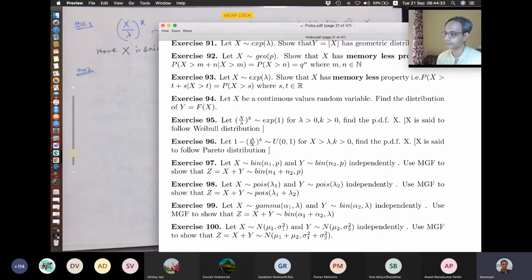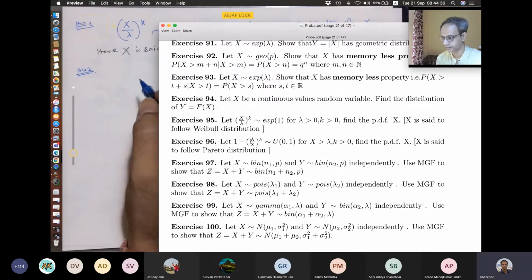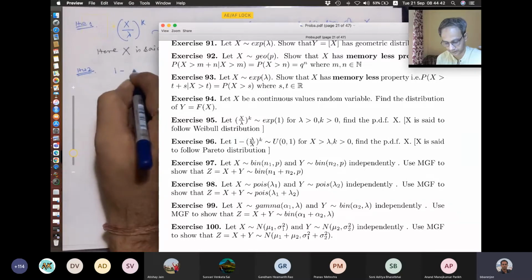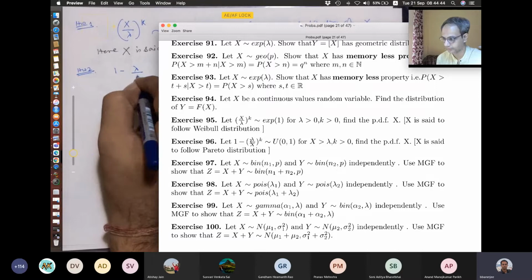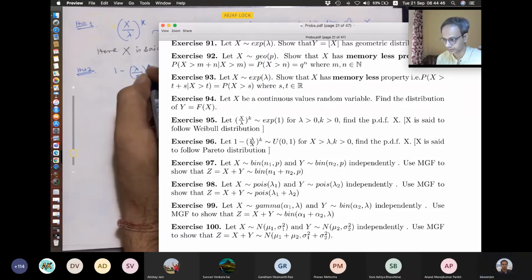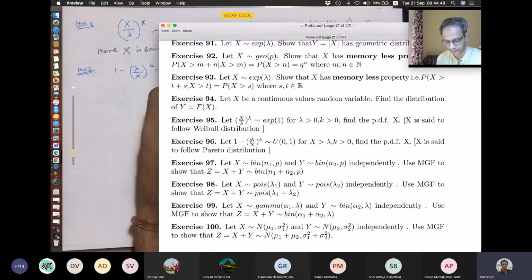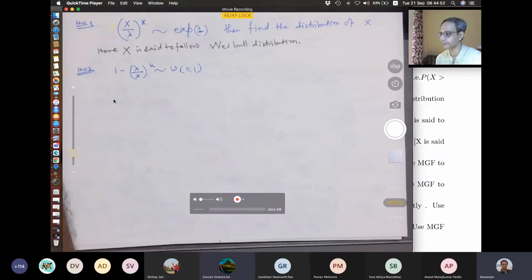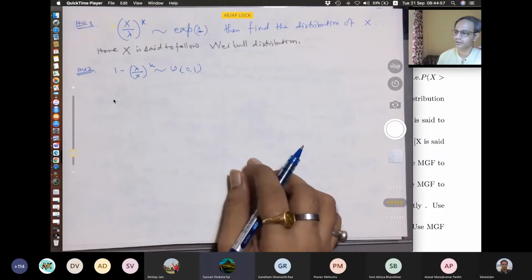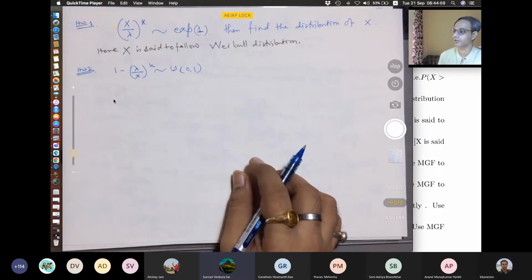This quantity 96, that (1 minus lambda by x) whole to the power k, is following uniform 0 1. Sir, exponential of 1, (x by lambda) whole to the power k follows exponential of 1, means it is e to the power x. Right?